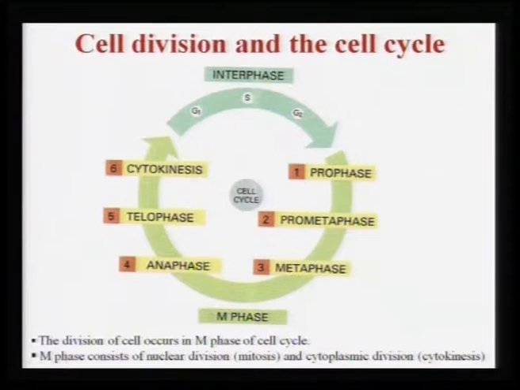So, in cell division and the cell cycle, once it goes through G1, S, G2, that is interphase, what will happen? It goes through the M phase. In the M phase, again on the micro scale, it can be divided into several stages. Remember what I am saying: you know already interphase is G1 plus S plus G2.